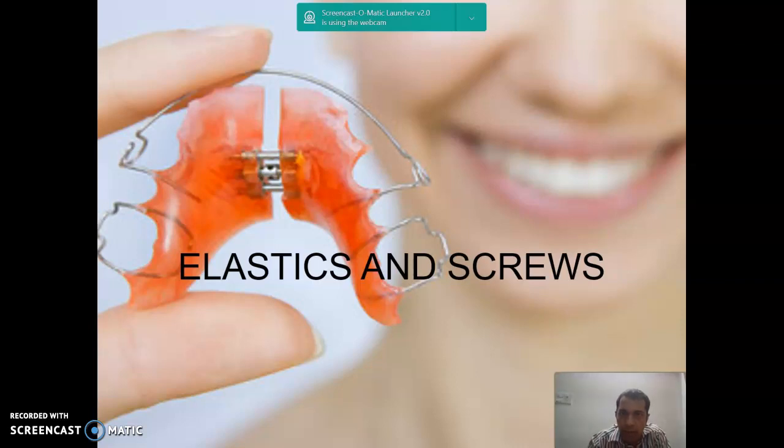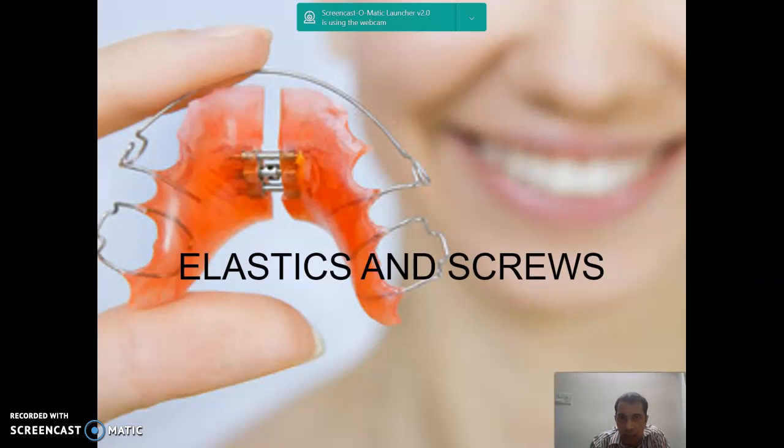As I mentioned, there is an acronym which we use: springs, bows, screws and elastics, the active components of removable orthodontic appliances. We will be seeing elastics and screws as part of removable orthodontic appliances.